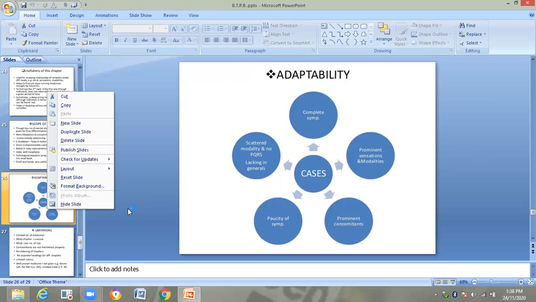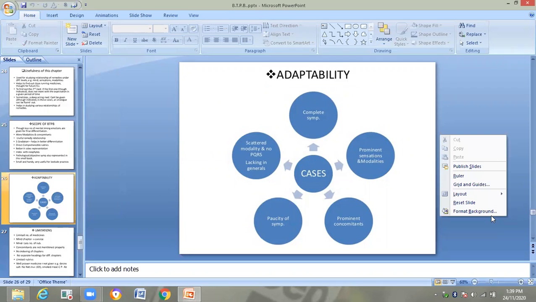The cases which are having complete symptom, then cases having prominent sensation and modalities, cases with prominent concomitants, then paucity of symptoms, where the patient did not get completely cured, as well as the most acute complaints get reduced.